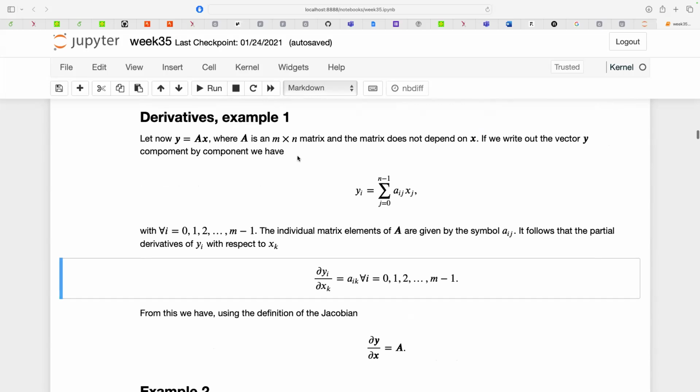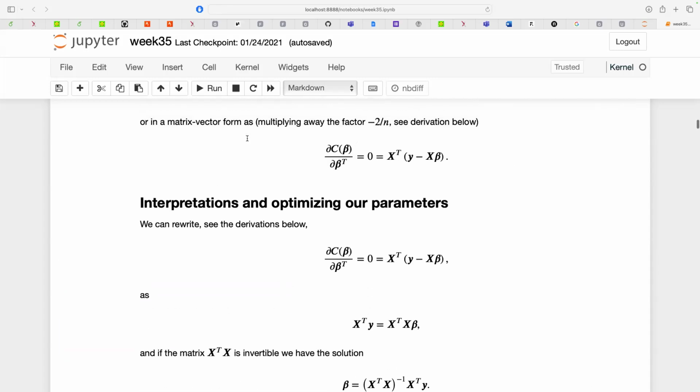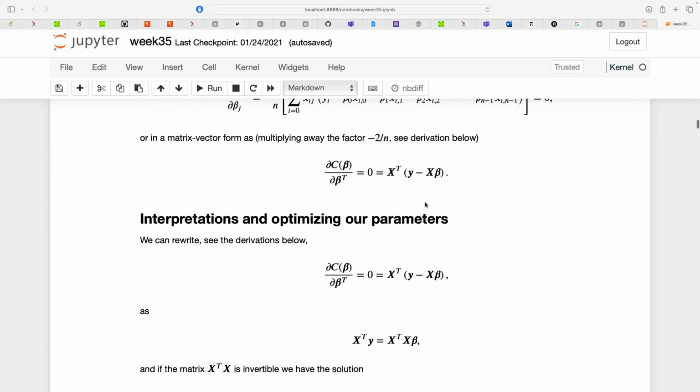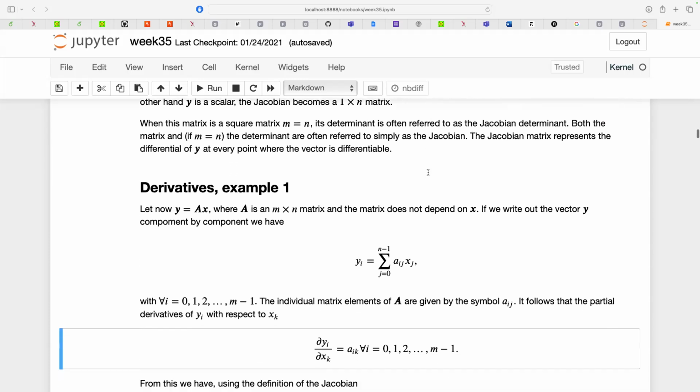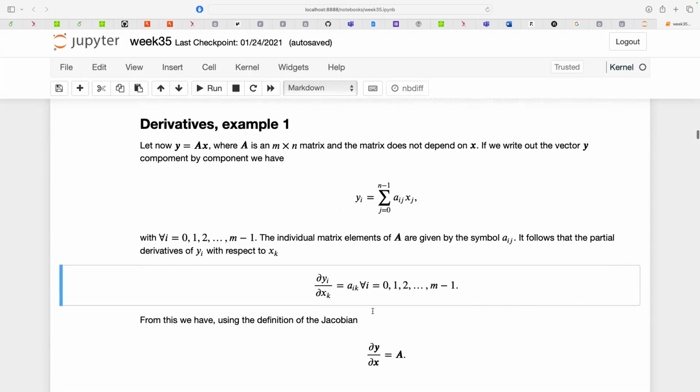And you're assuming now that the matrix A does not depend on X. So this is important, because when we go back to the expressions for linear regression, we have made an assumption that this X does not depend on the unknown parameters beta. So you have to make some specific assumptions in order to use this specific expression. In other cases, you may have a dependence on the unknown parameter X, and then clearly you have to pay attention. And there are several examples here.